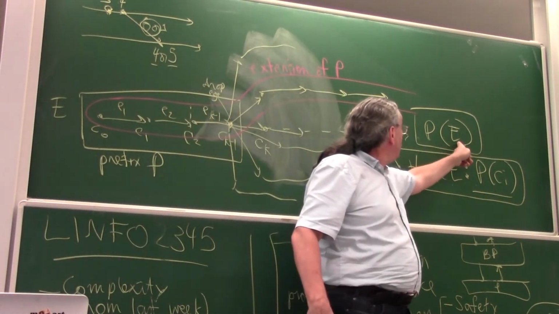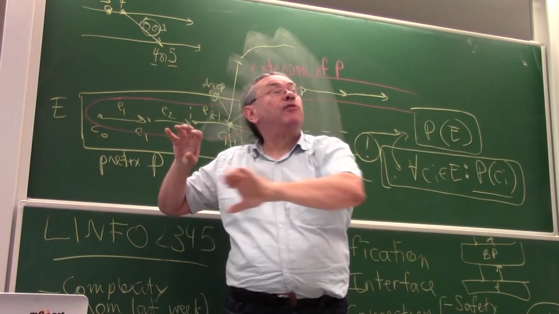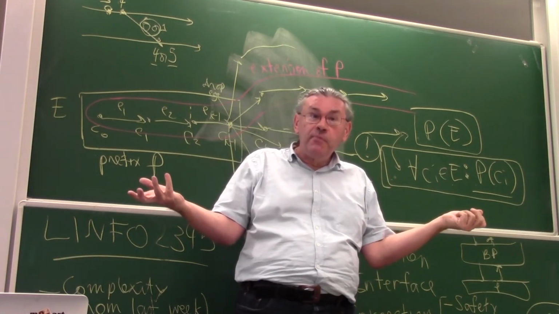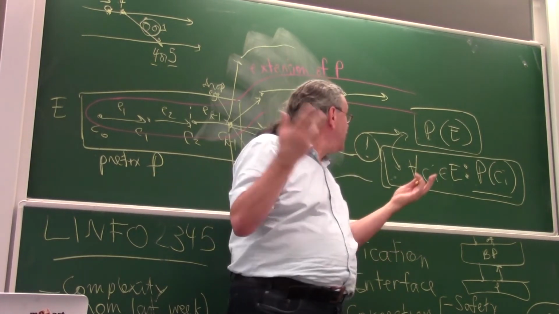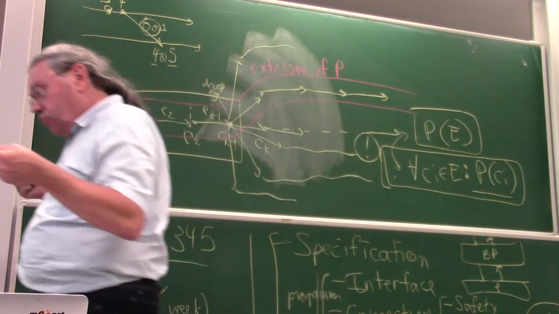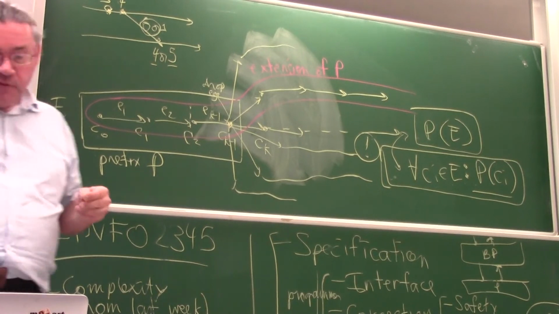I have to see the whole thing, because the thing that goes wrong might depend on several configurations. You see the example with delivery, for example? There are other examples too. But many safety properties, you can't see them if you look just at configurations. Okay? So that's one thing.